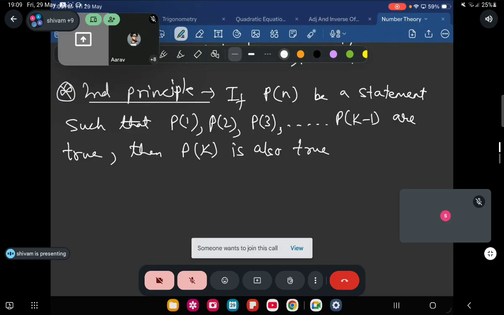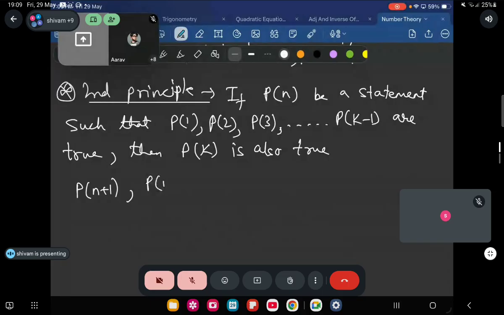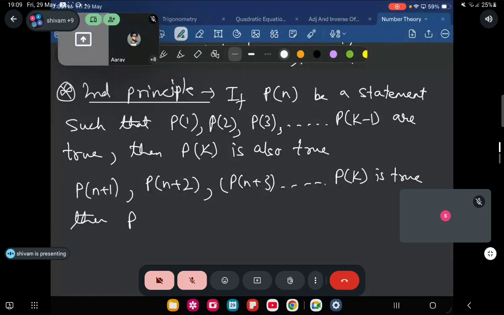Pay attention, this can also be modified as: Pn plus 1 is true, Pn plus 2 is true, Pn plus 3 is true, Pk is true. Then we can say Pk plus 1 is also true. Or Pn is also true for n belongs to natural numbers.